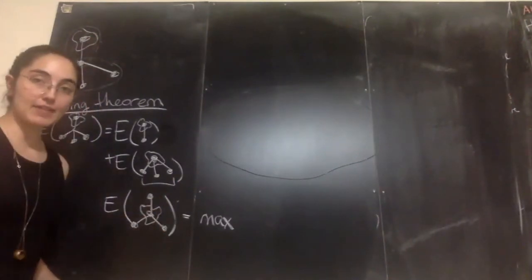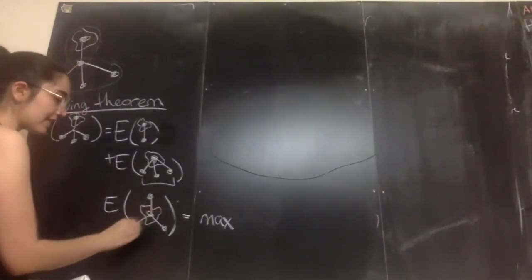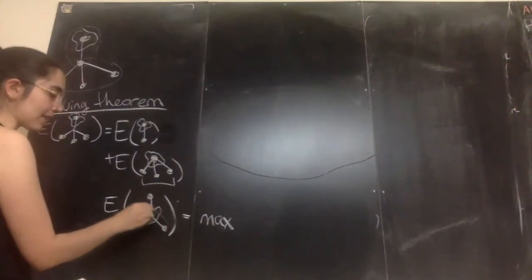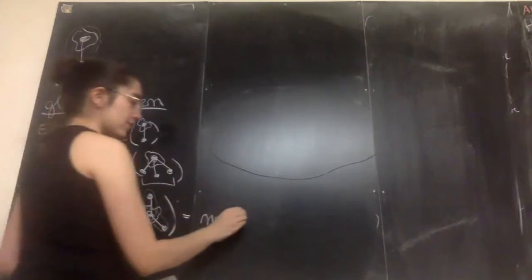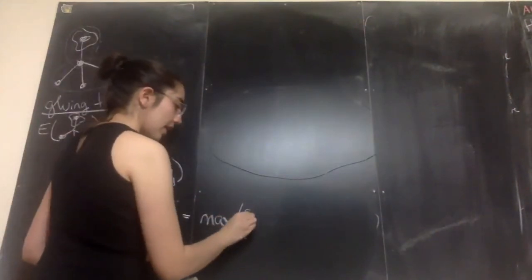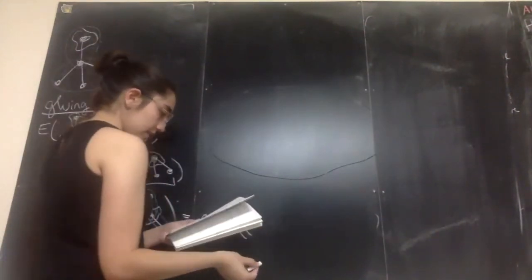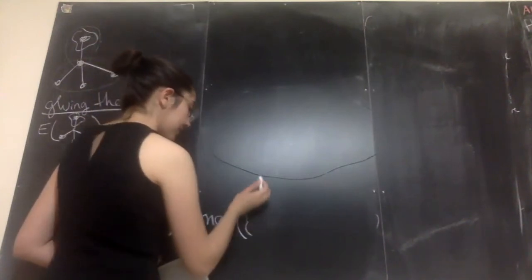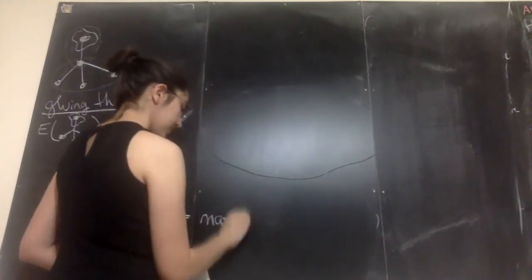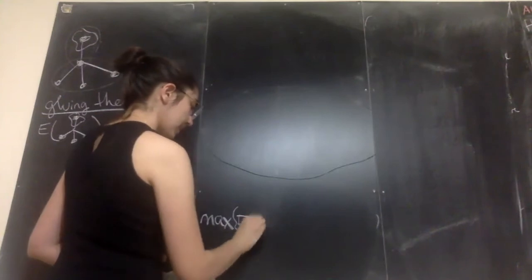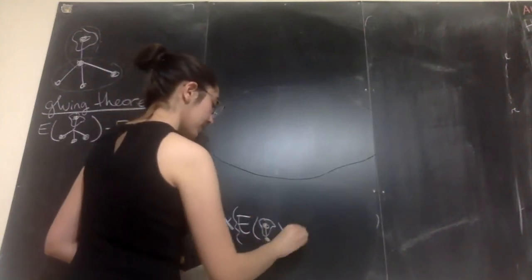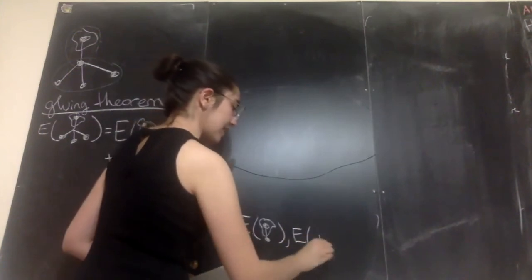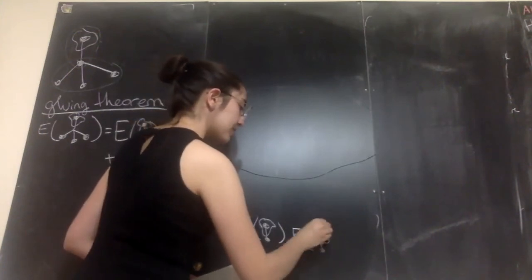So for the entire graph to become infected, each of these little subgraphs has to succeed first. So this is equal to the max of the expected value of each one of these mini graphs.